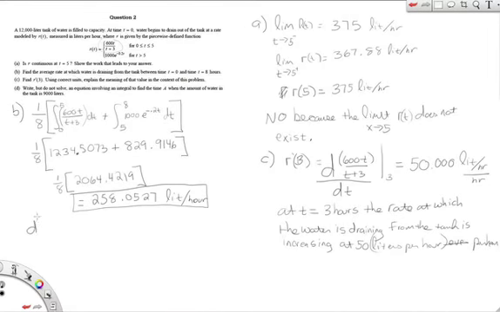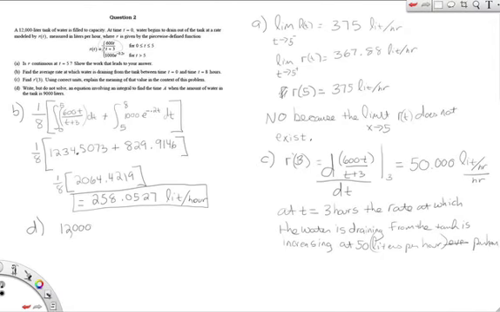Part D, write but do not solve an equation involving an integral to find the time A when the amount of water in the tank is 9,000 liters. Okay, so we got to go back and remember we started with 12,000 liters. These numbers are all being reported as positives, right?